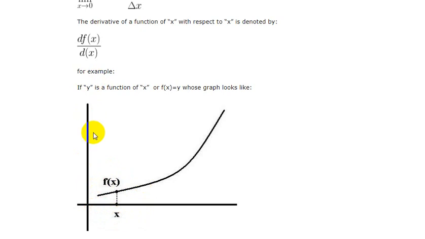So this is the axis of f of x, and this is the axis of x. While x is changing, we also have got different values of f, right? As long as the values are changing here, there is a rate at which the values are changing. The functional values are changing, and this has a particular rate.